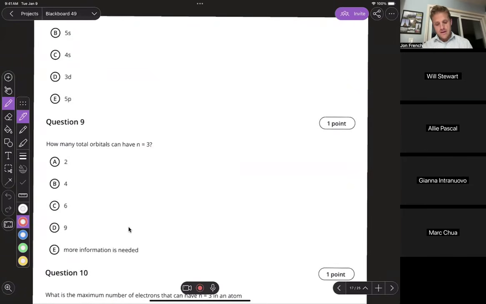We can still answer a question like nine, because we know within the third quantum level we have 3s, 3p, and 3d: one orbital there, three orbitals there, five orbitals there. So question nine is certainly fair game. Question 10 is also fair game because we talked about the quantum numbers and we know where those fall on the periodic table.